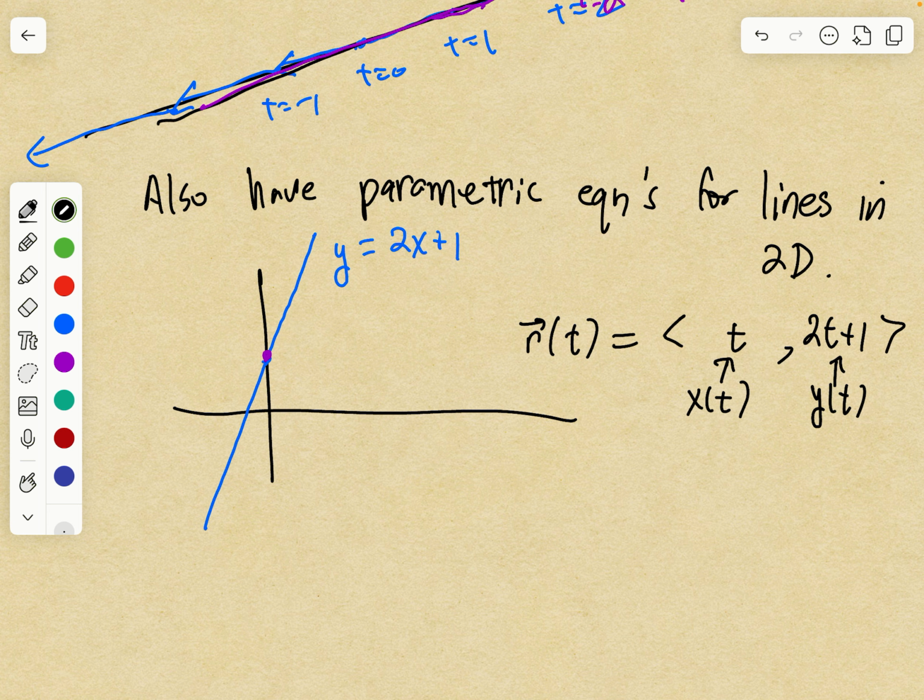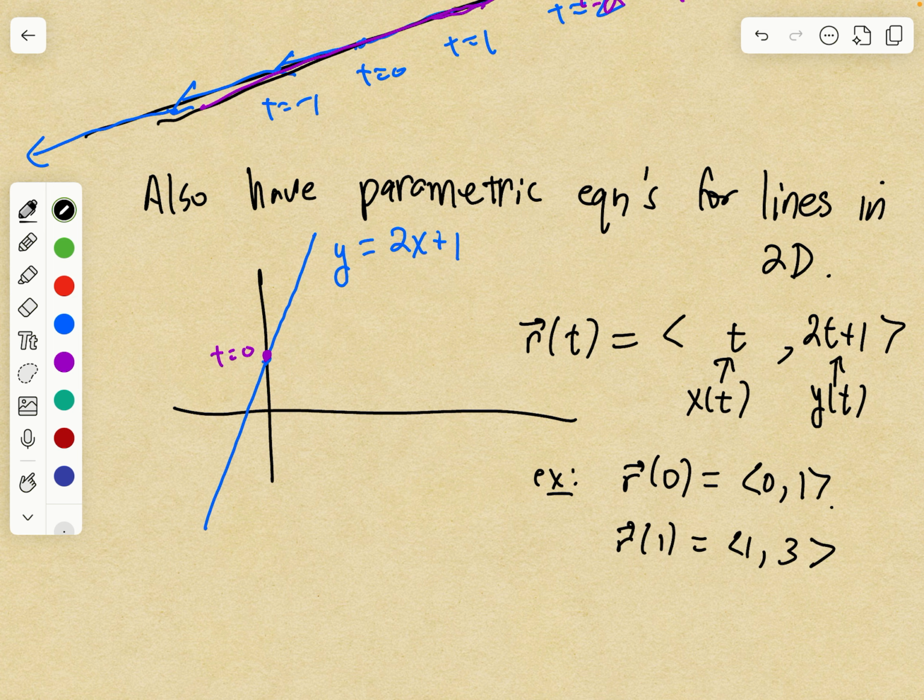When you make t equal to 0, you're going to get 0, 1. If you plug in t equals 0 here, r of 0 is just going to be 0, 1. So this point corresponds to t equals 0. When t equals 1, that corresponds to x equals 1. r of 1 is going to be 1, 3. So that's going to be this point corresponding to x equals 1.